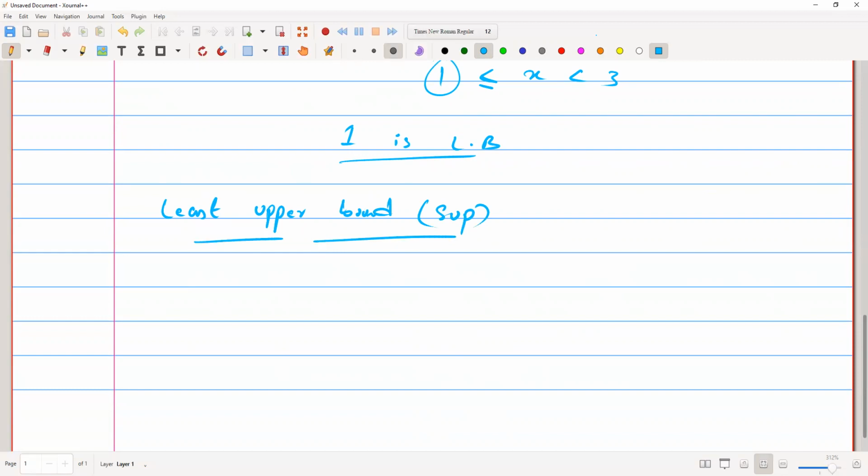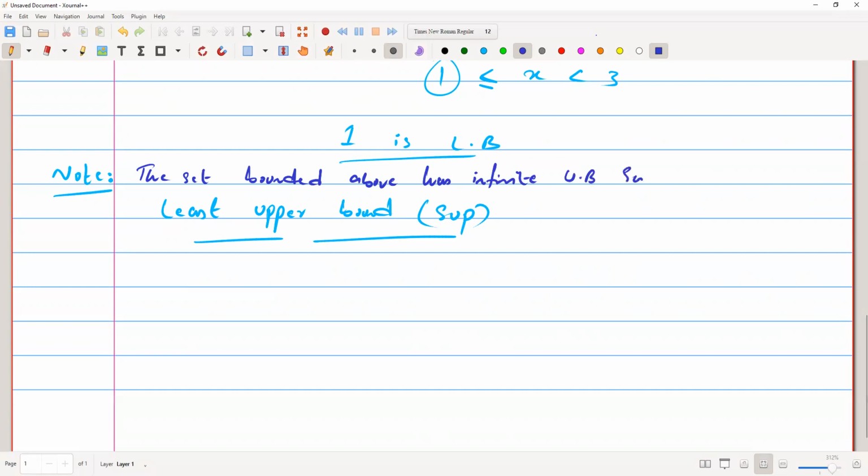And one more thing to note here is that the set bounded above has an infinite number of upper bounds, and same with bounded below.